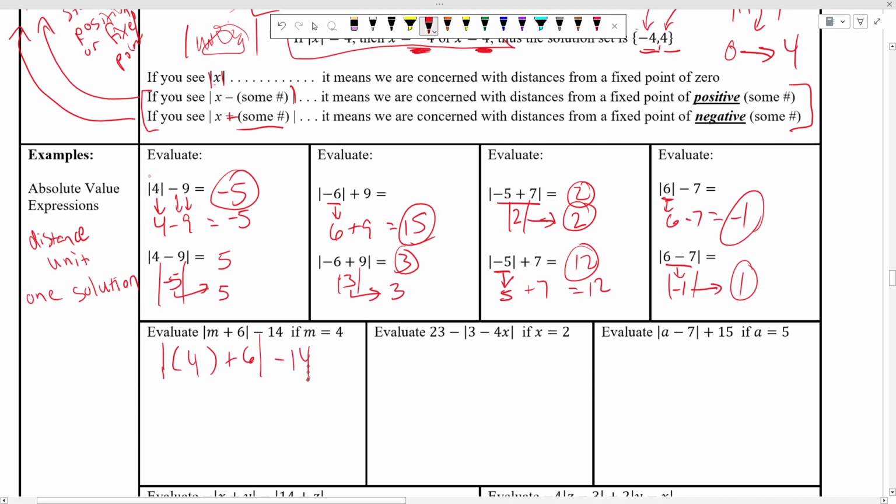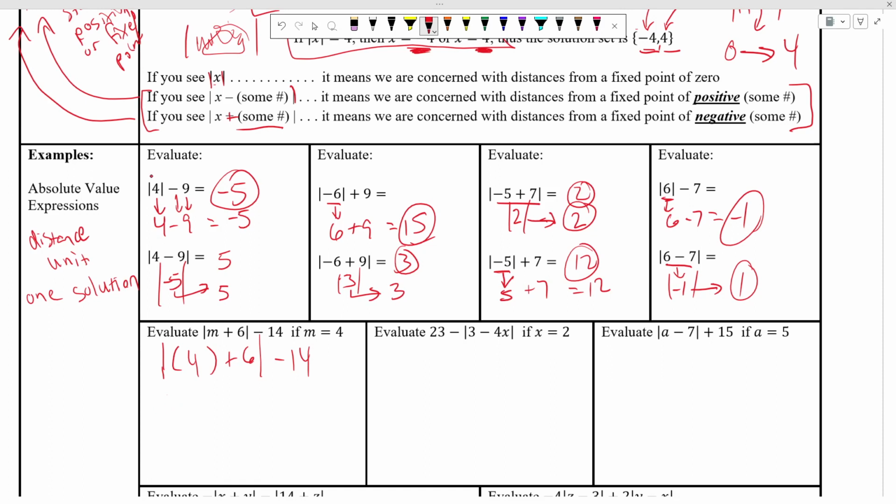Minus 14. So just like with order of operations, you can treat these in most cases, and I'll talk about a case where you wouldn't, as functionally very similar to grouping symbols like parentheses, brackets, and so forth.